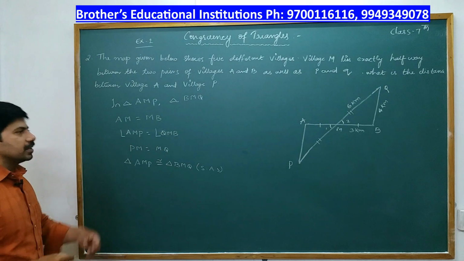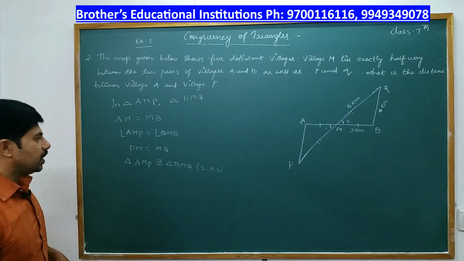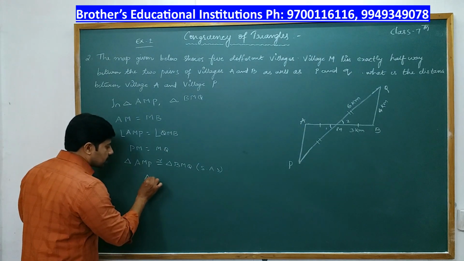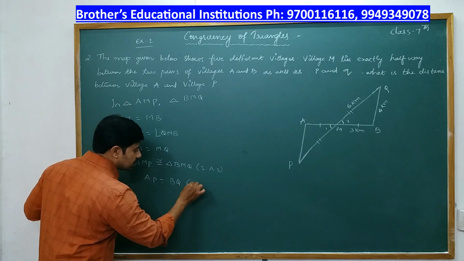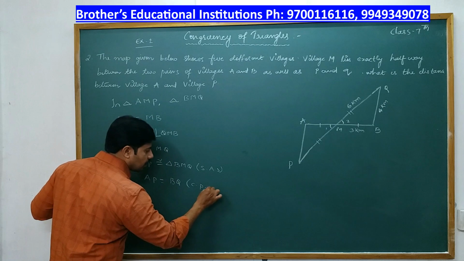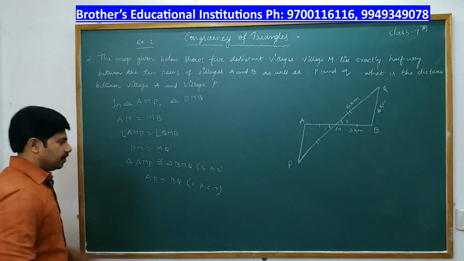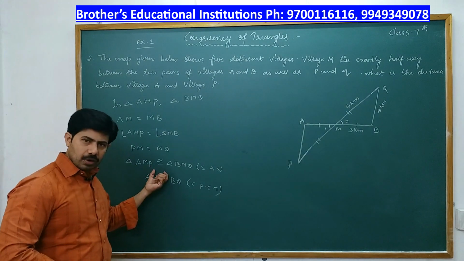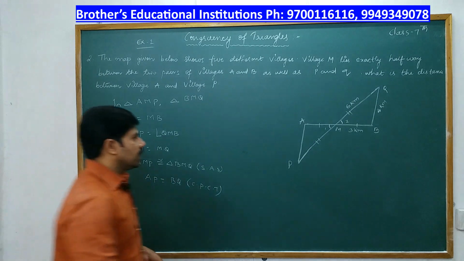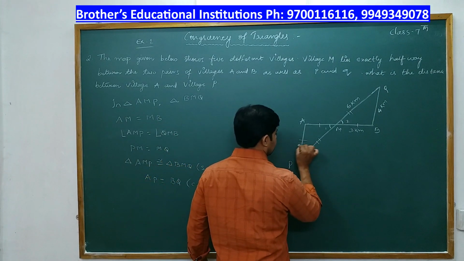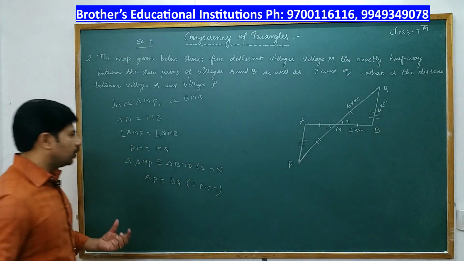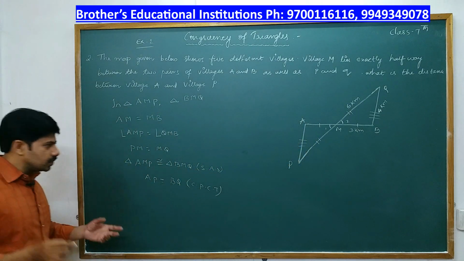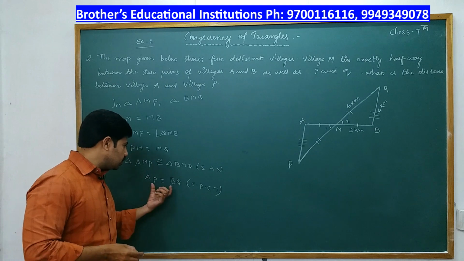As the two triangles are congruent, we say the corresponding side AP is equal to BQ. The reason is corresponding parts of congruent triangles. What is the reason to say that, as the triangles are congruent, these two sides are equal?